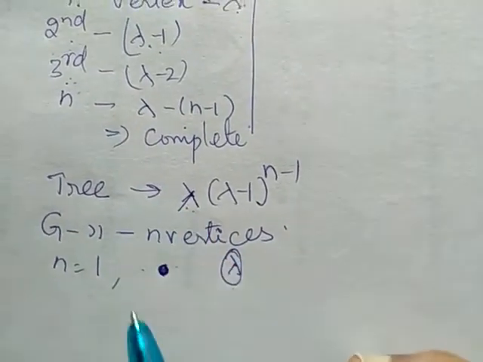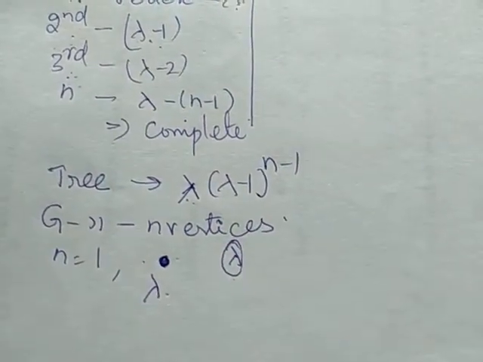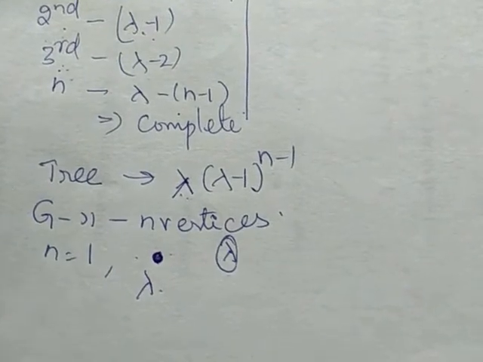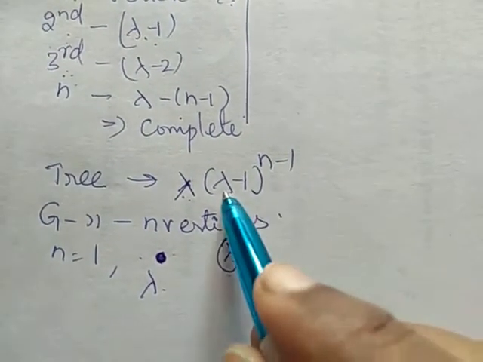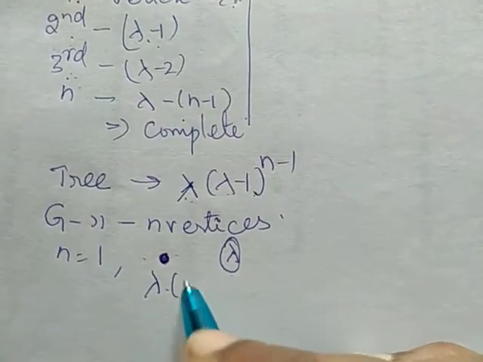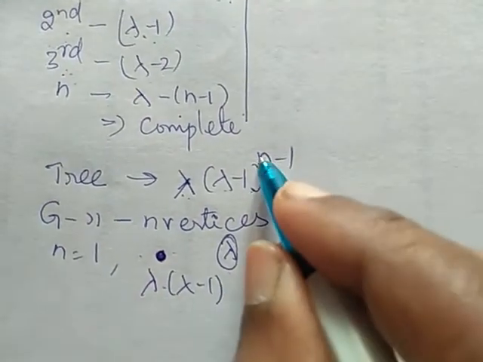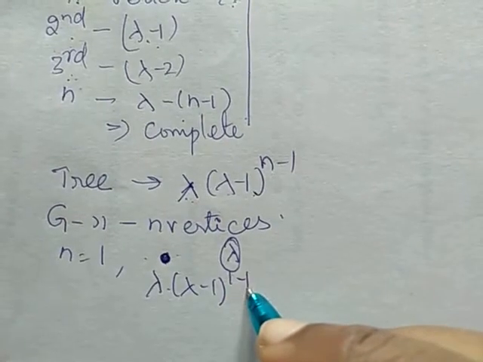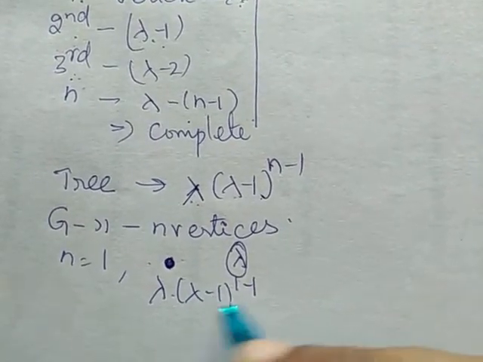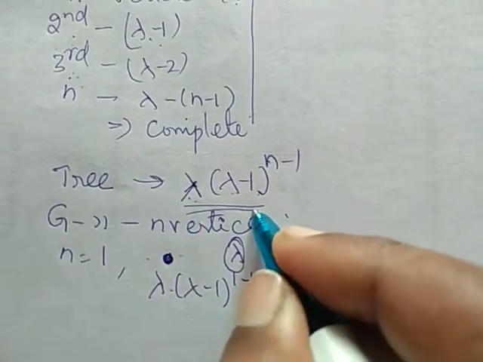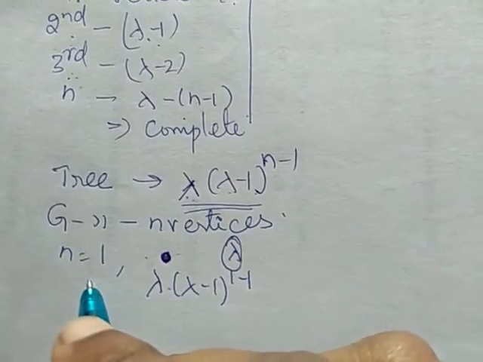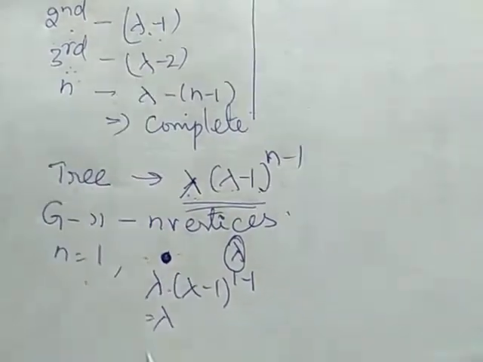So it is having lambda ways. And lambda minus 1, with n equal to 1, is 1 minus 1, which is 0. Anything to the power 0 is 1. Obviously this statement is satisfied when n is 1. So we will get lambda.